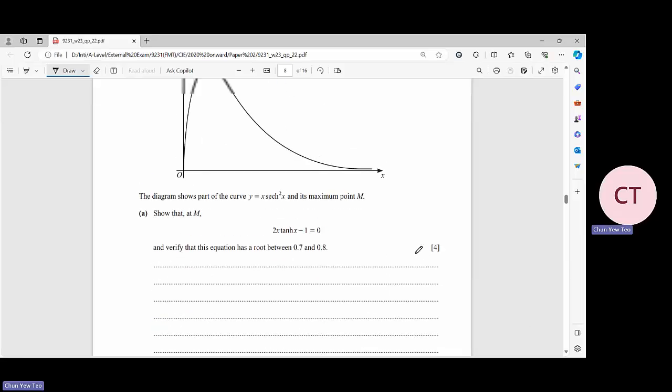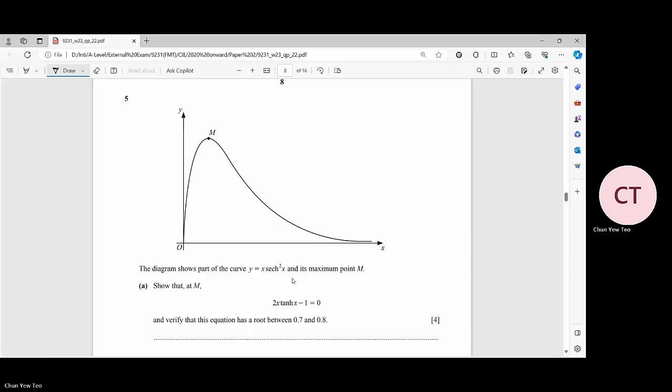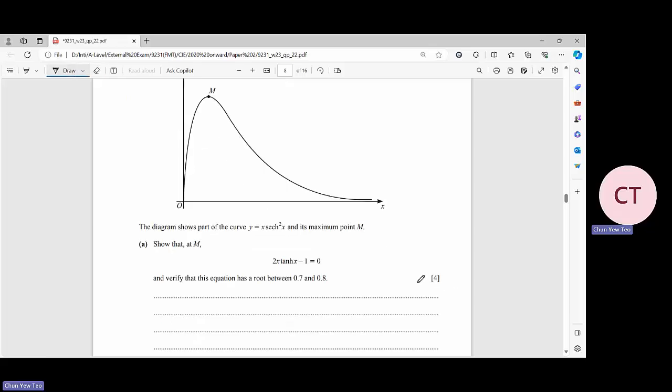The diagram shows a part of the curve for y equals x sec square x, and its maximum point is M. Show that at M, 2x tan x minus 1 equal to 0, and verify that this equation has a root between 0.7 and 0.8. So for this question, to find maximum, we need to do the differentiation, dy dx.